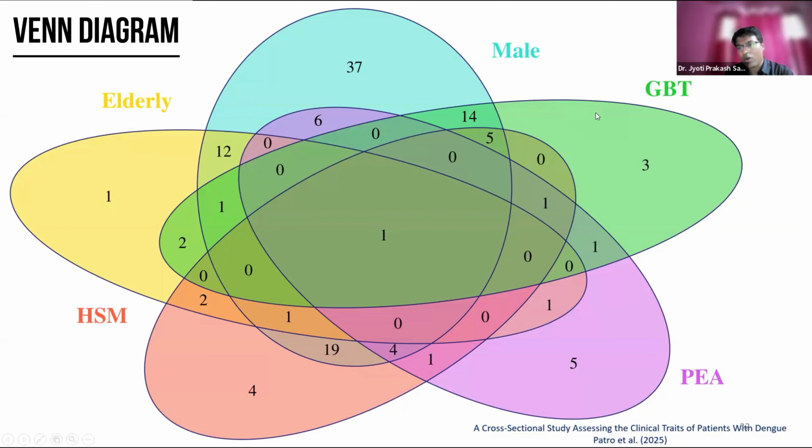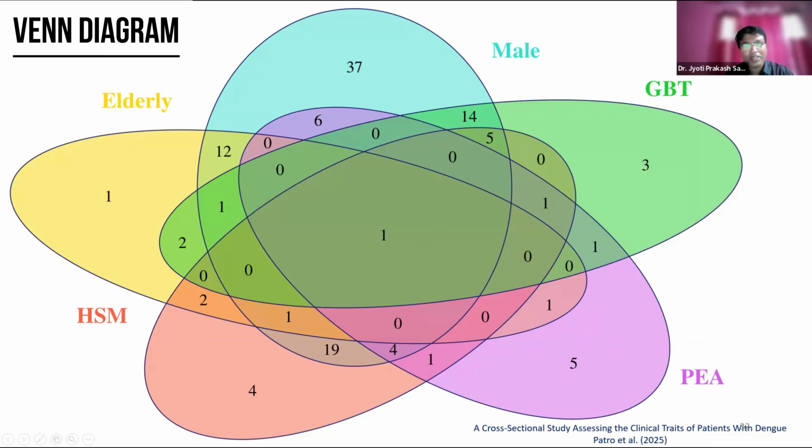Outside this, all were female. The yellow one represents the elderly participants. Outside this, all are younger participants. This orange one represents the hepatosplenomegaly. This is pleural effusion along with ascites, the purple one, and the green one shows the gallbladder thickening.